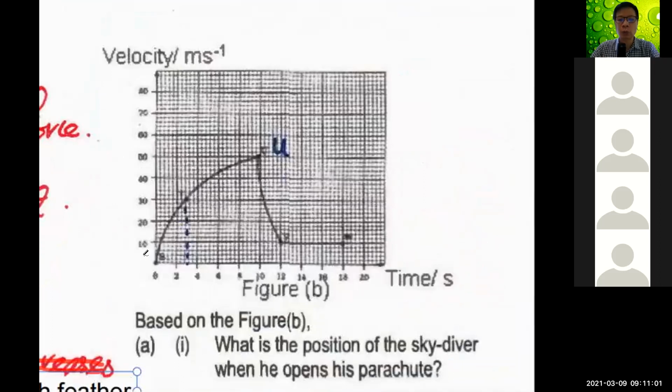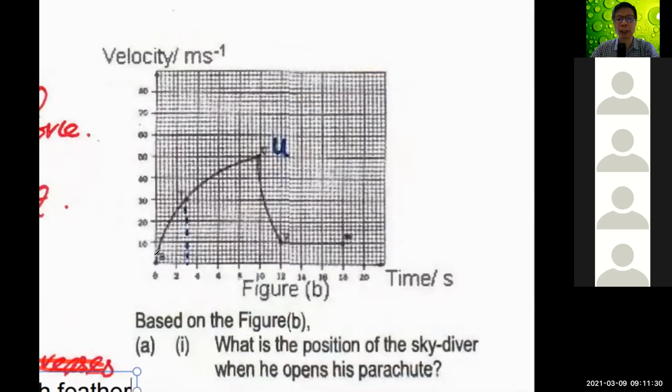Right after the man jumps out from the aeroplane, you see the velocity getting higher, getting faster, then suddenly the velocity drops, and finally the velocity becomes constant. So you know what happened, right? Initially when he jumps out from the aeroplane, it's getting faster and faster.